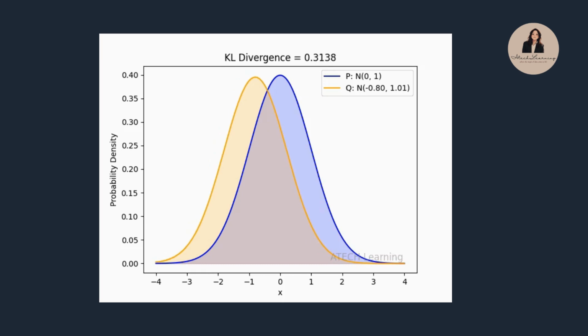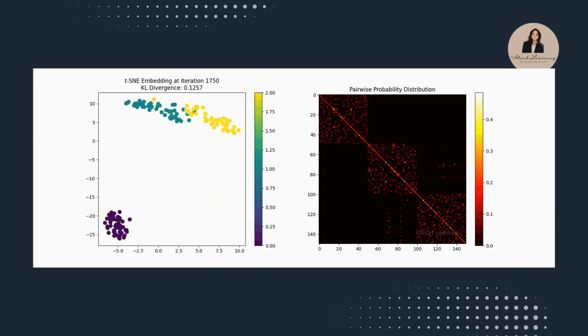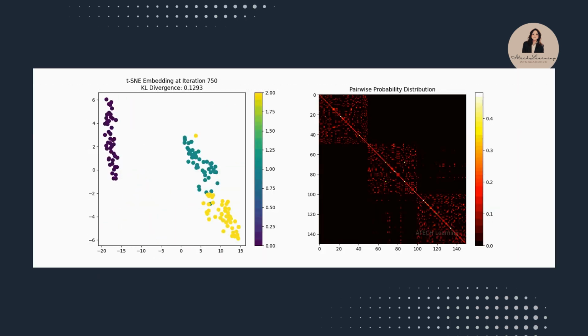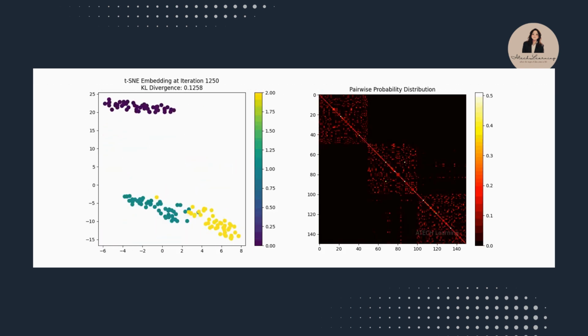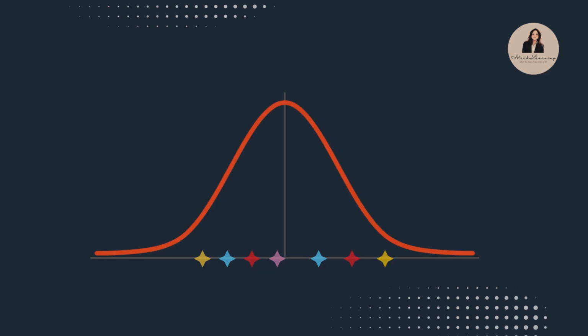KL divergence helps in minimizing the distance between the 2 probabilities by keeping P constant and moving the Q probabilities towards the P probability. Thus, after applying KL divergence, we get approximately the same probability distribution in low dimension as in high dimension. Hence, we are able to preserve the local structure of the data points by keeping all similar points together.